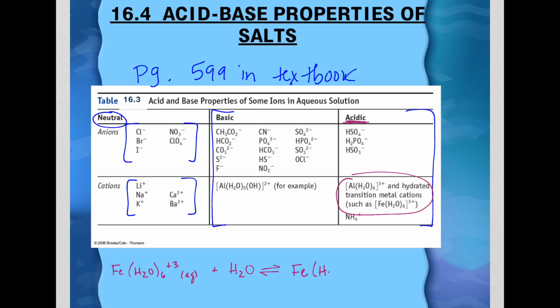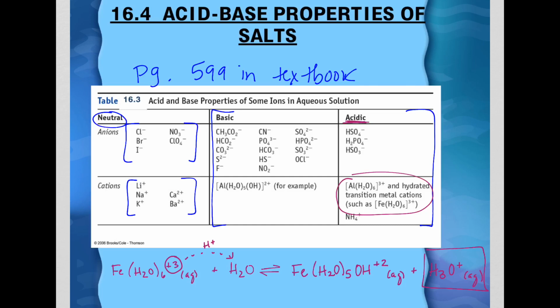Iron, one of the waters is going to be broken up, so instead of 6 we'll have 5, and then what will be left after one of those hydrogen transfers would be an OH minus. Now this was +3 overall, but if we now are putting a -1 with that, that's going to be +2 left over, and then we would have a hydronium ion resulting as well. So this is why we actually get an acidic solution, because it's producing that hydronium ion there.